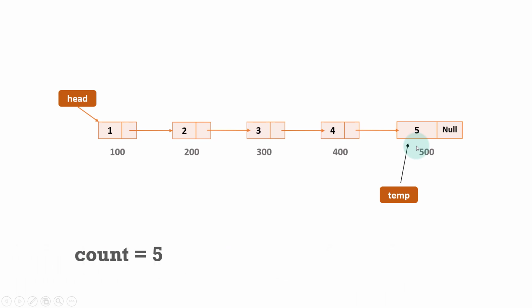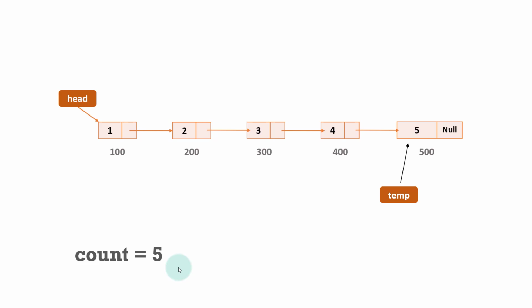In our previous videos we have seen how to traverse a linked list. If you have not seen it, then please refer to my previous video on how we can traverse a linked list. In this particular question, while traversing the linked list, we are maintaining this count variable and increasing that variable by 1 for each successful traversal.